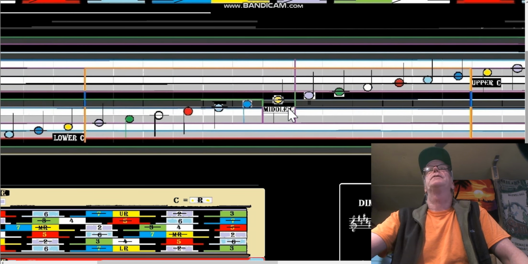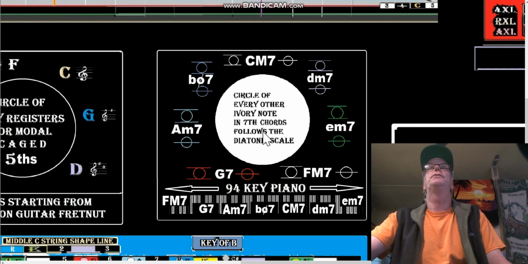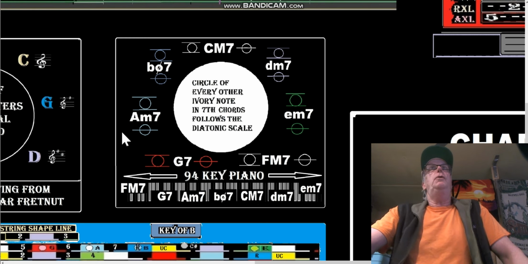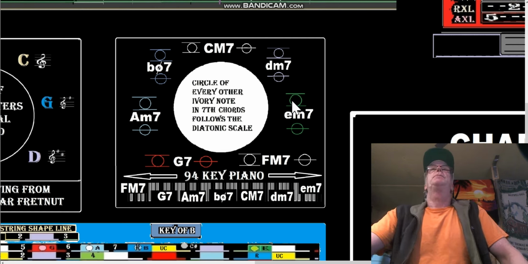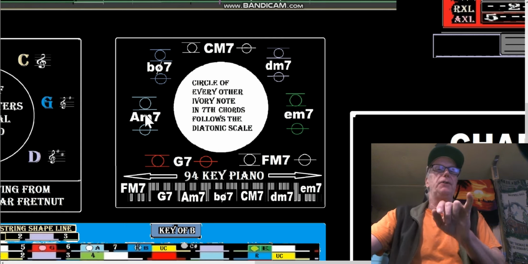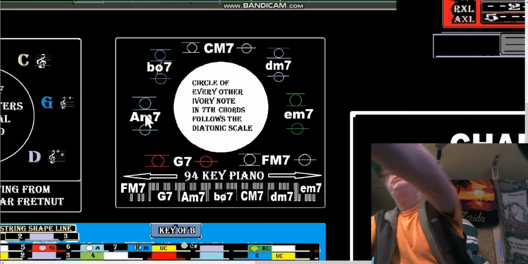Okay, and of course there's that really cool circle of 88 key piano, where wherever you start on this circle, you just keep going in major sevenths, every other note on the white keys of the piano.